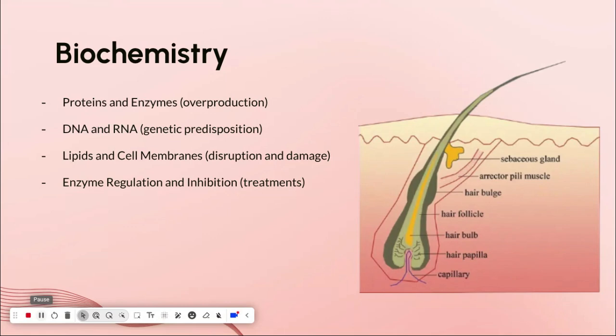Additionally, damage to the lipid-rich membranes of hair follicle cells can result from oxidative stress during inflammation. And lastly, looking into enzyme recognition and inhibition, enzyme activity can be regulated by inhibitors or activators, and therapies for alopecia areata often involve enzyme inhibitors such as JAK inhibitors.